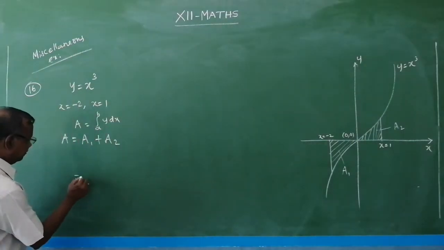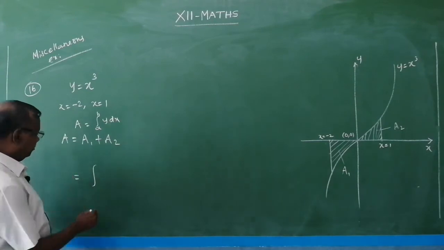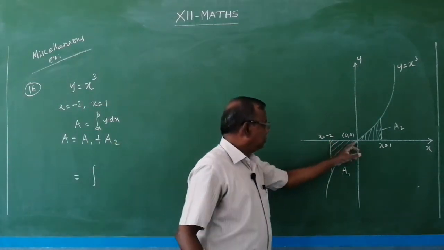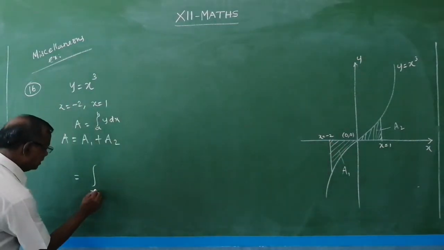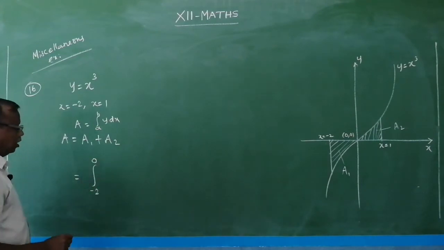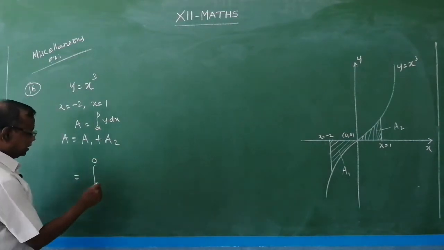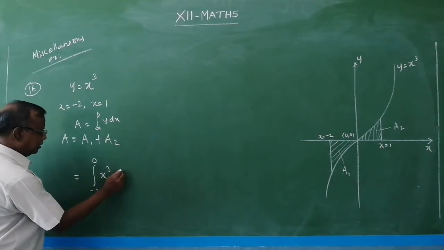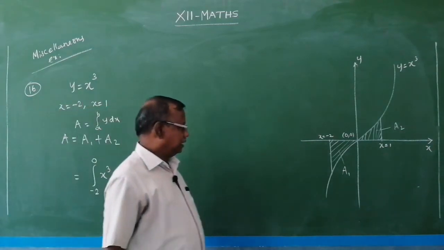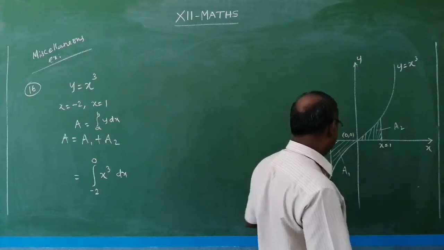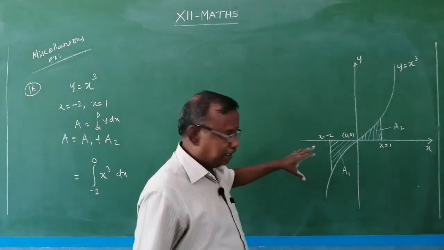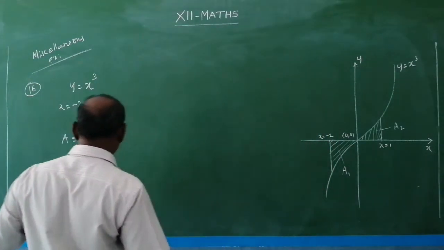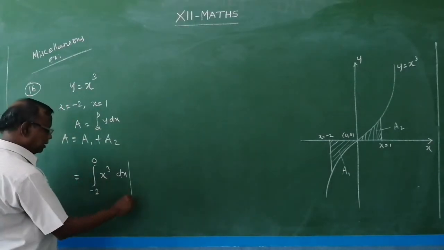So A1 equal to integral minus 2 to 0, y means x cube into dx. But since x is negative left of the y axis, the value yielded will be negative. Therefore, we need to put a modulus.